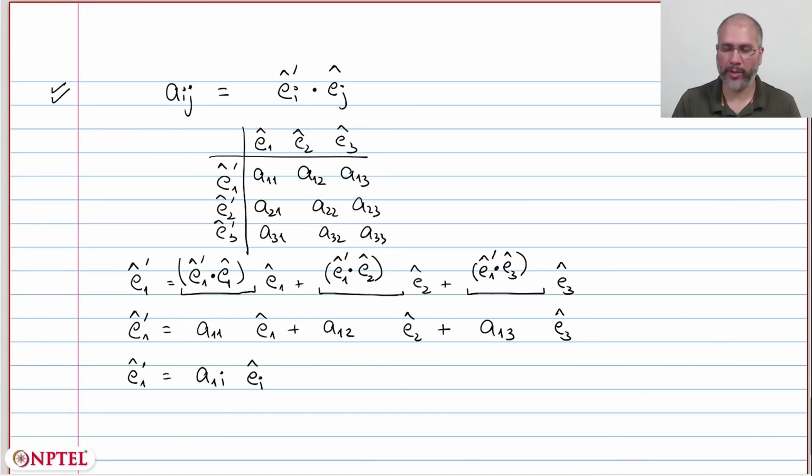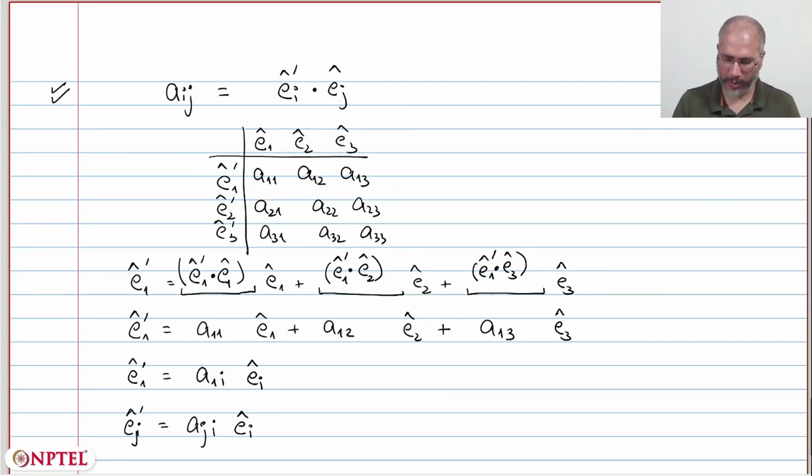It makes things compact. In fact, this is only for e1 prime, but if I was to do it for e2 prime or e3 prime, or more generally, this becomes ej prime is Aji ei. So I had to use j because i was already being used as a dummy index in the above expression.